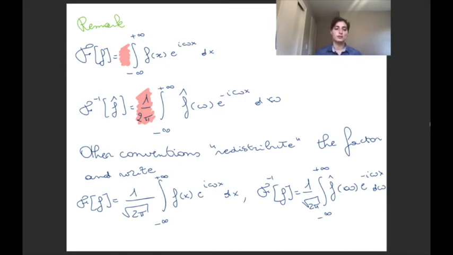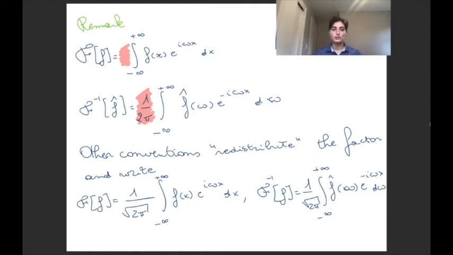What matters is that if you want the inverse Fourier transform and the Fourier transform to actually be one the inverse of the other, together they need to give you a coefficient of 1 over 2 pi. Otherwise you don't come back to the same function.